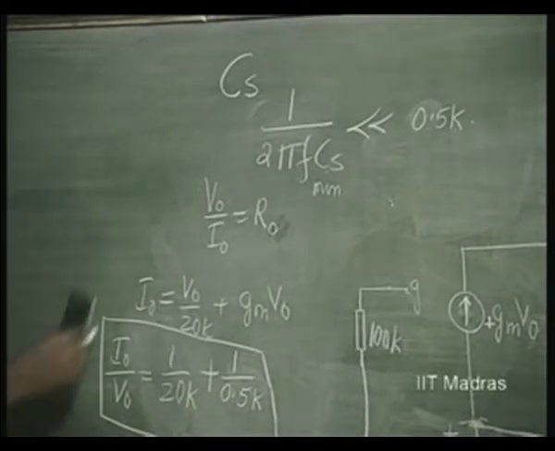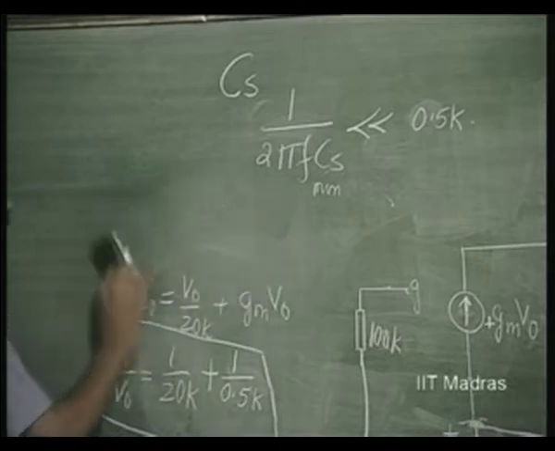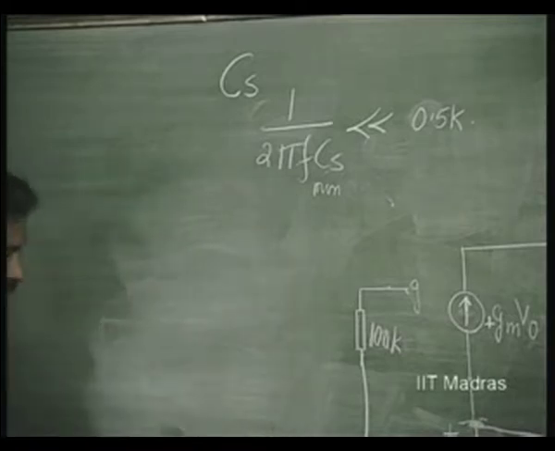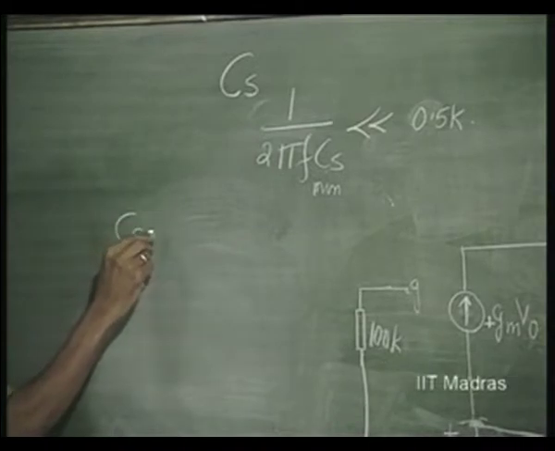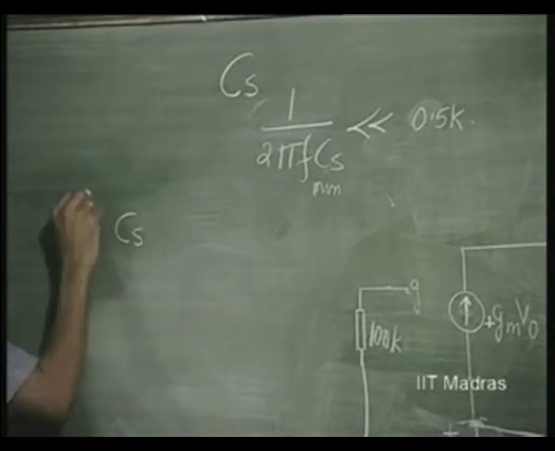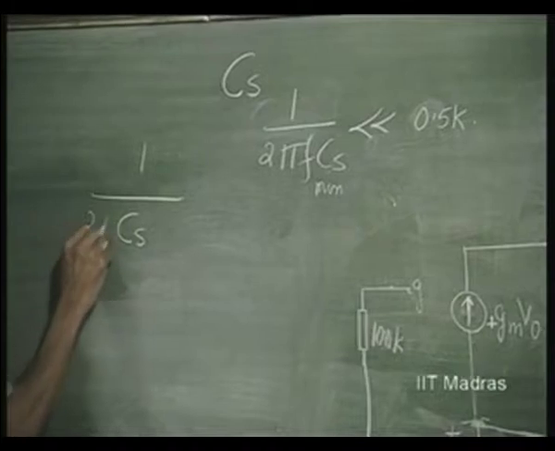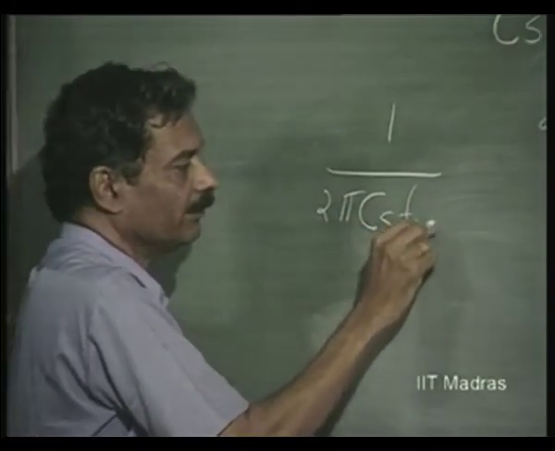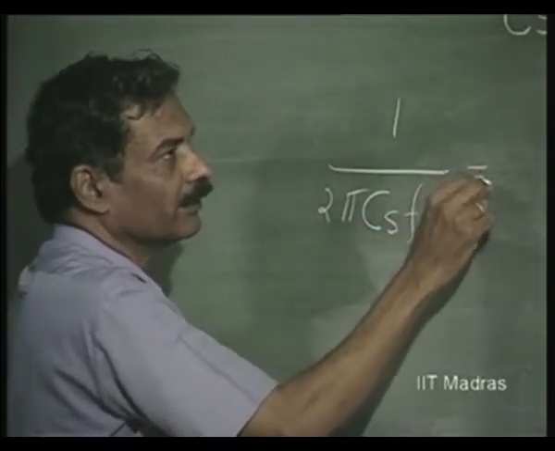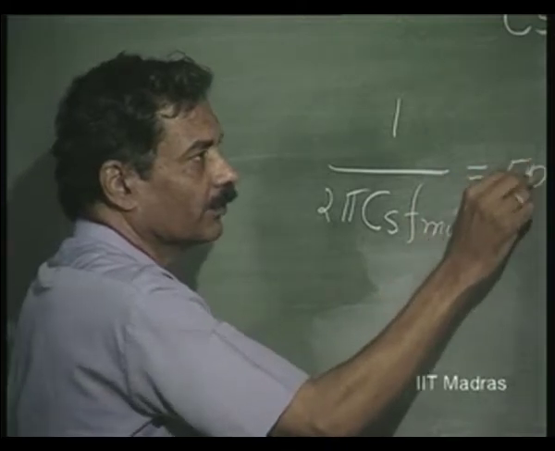That means, if I want this to act as a short circuit, CS is going to be chosen such that 1 over 2 pi CS into F minimum is equal to 50 ohms, 1/10 of that.